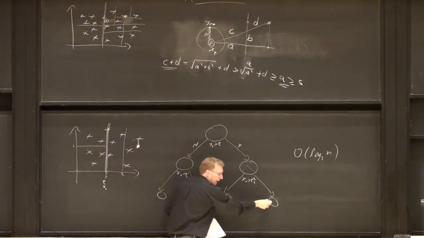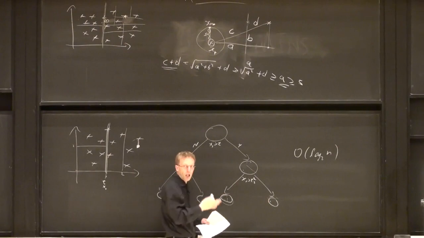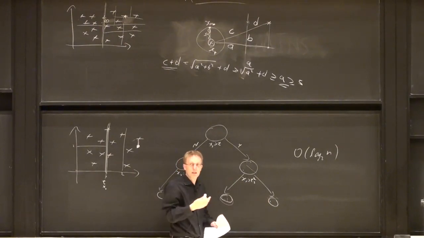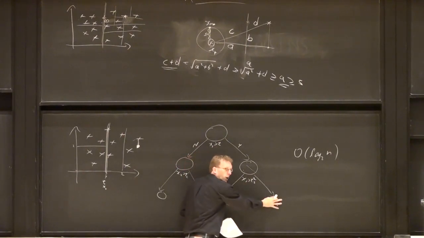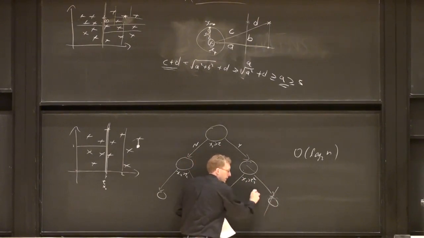Is it worth going down here? When is it worth going down here? Only if the distance to the wall, to this threshold, is less than the distance to my current nearest neighbor. If these points are all further away than my nearest neighbor, then I don't even have to go down here. I can just prune it.